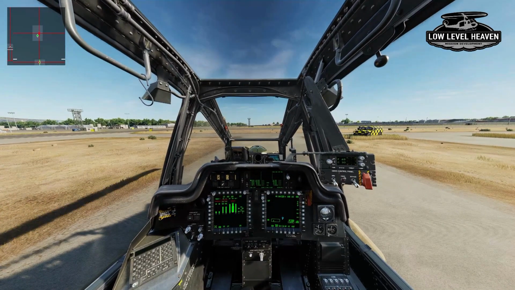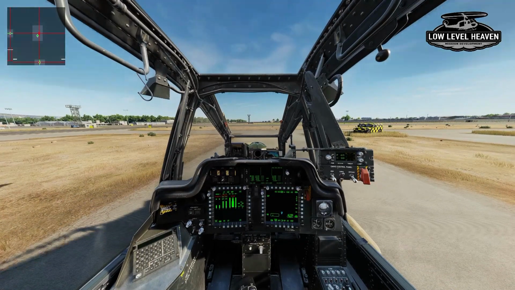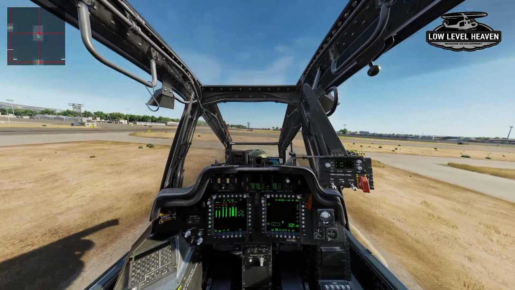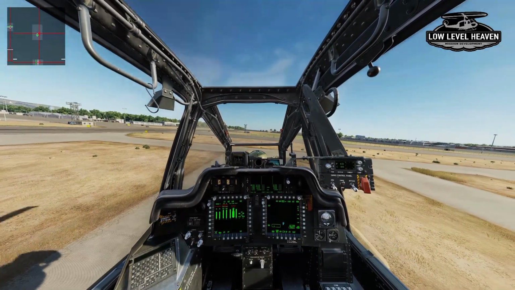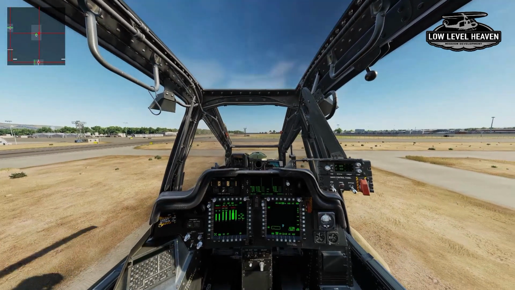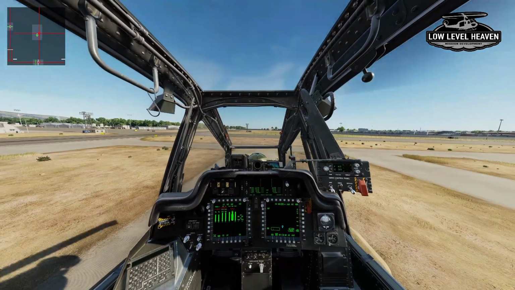Okay, let's do another pickup into a hover a little bit faster. Because if you get more experience and you get used to it, you can do anything just a little bit faster. The second main problem in DCS, after over controlling, is that we do everything too fast. We try to pick it up pretty fast into a hover.